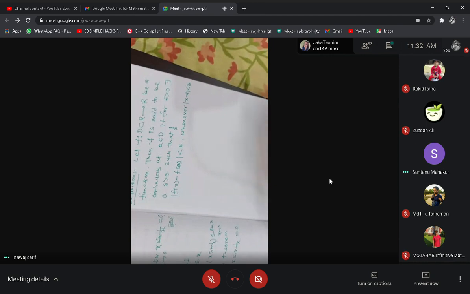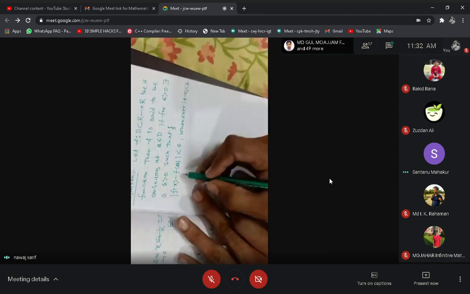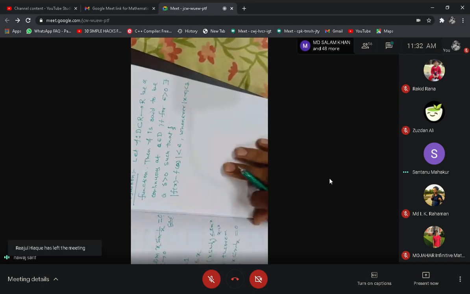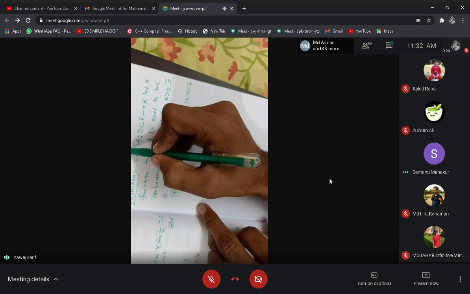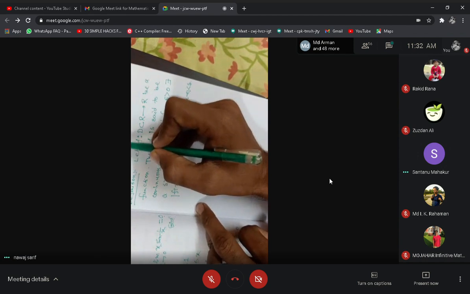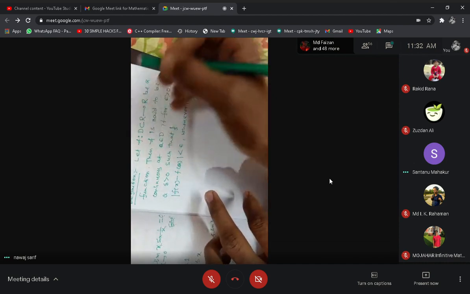So just understand this definition and then try to understand the epsilon delta definition. This definition tells us that when x approaches some point a, the limiting value is equal to the value exactly at that point.